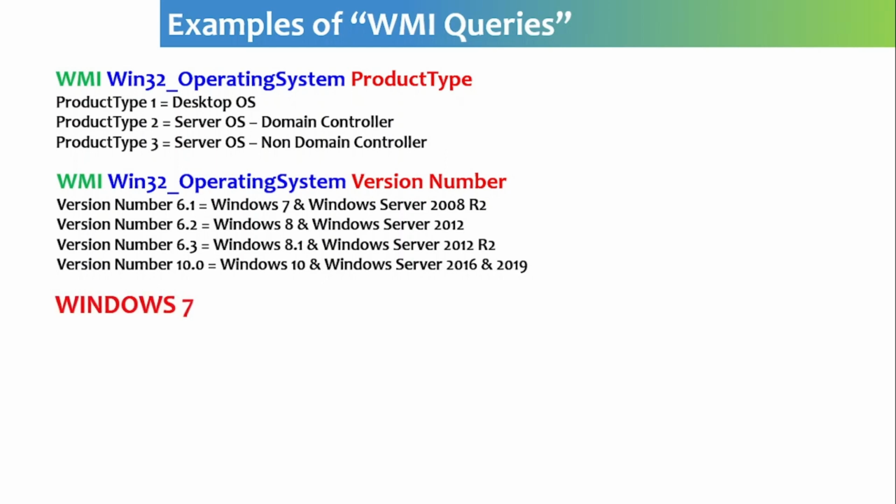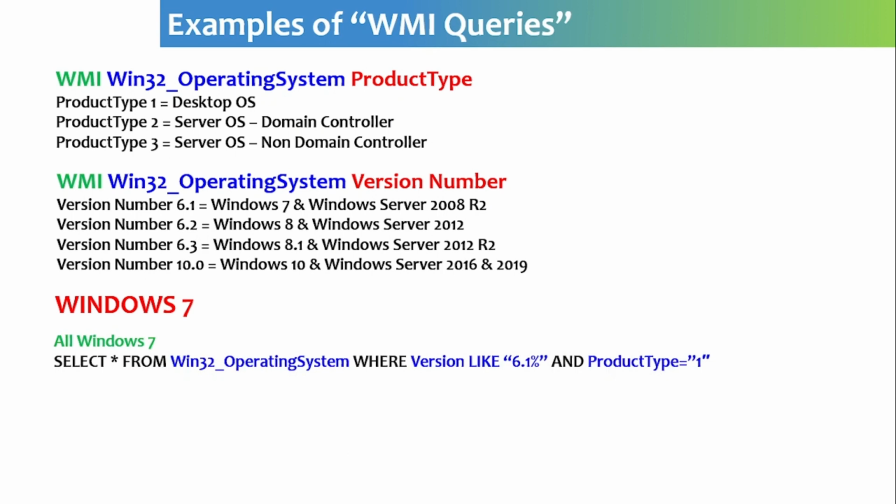So let's focus on Windows 7 now. Let's say we want to create a filter for all the Windows 7 machines. So what will we do? It's somewhat like this: select star from Win32_OperatingSystem. Win32_OperatingSystem is the class, so we'll select everything from it where version like 6.1.